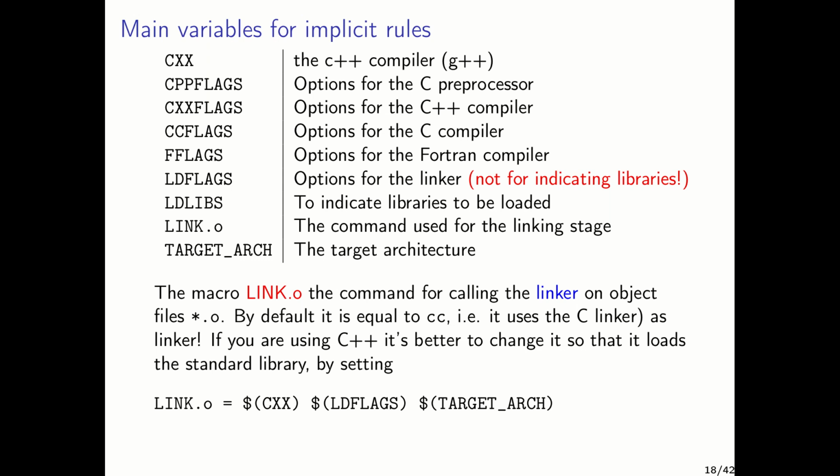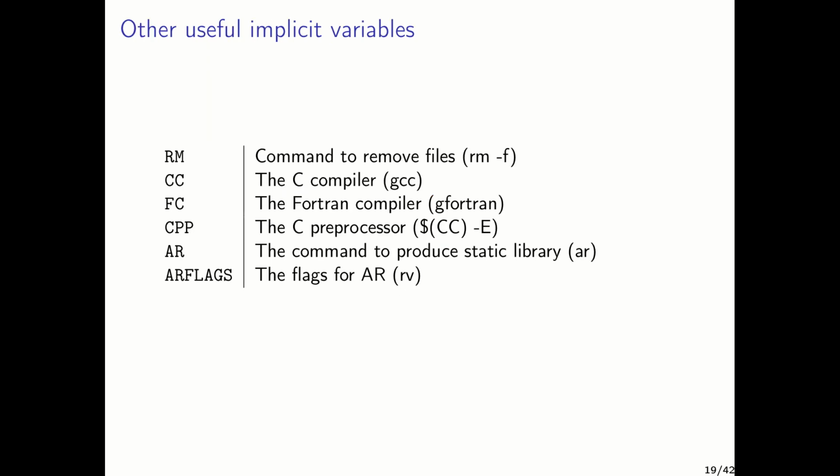You can compile on your computer, let's say a Mac, code for a different architecture, even for your cell phone or for your tablet. GNU is a cross compiler. That's why you have this variable. This variable is used only if you compile for another architecture. Normally, leave it alone. It is empty.